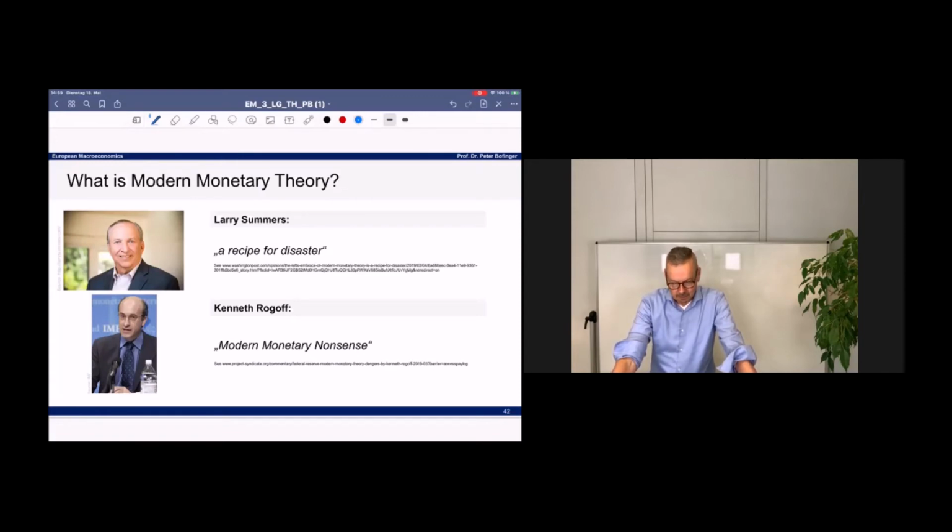So what is modern monetary theory? Well, it's of course based on a Keynesian, on a monetary approach, and it's called modern monetary theory. It discusses aspects of fiscal policy that are so far not very well discussed in typical textbooks, even when they discuss Keynesian models.